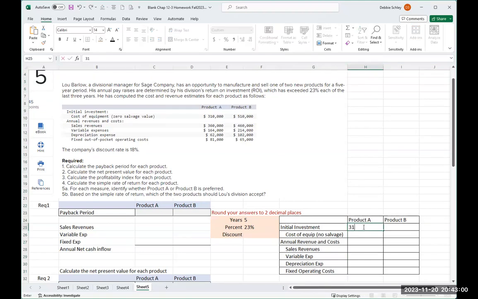So initial investment, cost of the equipment is 310,000 for product A, 510,000 for product B, and I'm just getting those numbers right here. Sales revenue, 360,000 for A, 460,000 for B.